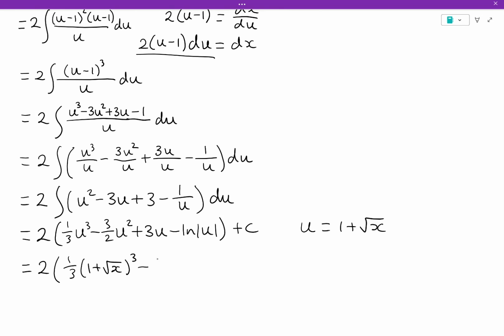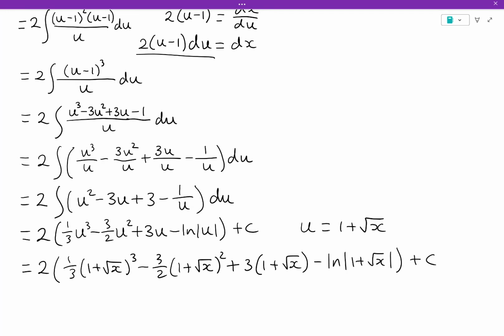So we'd have it cubed, then we'd have it squared, then we'd have it to the power of 1, and then we'd have the natural logarithm of it, and plus c. Now there's probably some factorizing that you could do involving these, but I'm just going to leave it there as I think that's a sufficient answer.